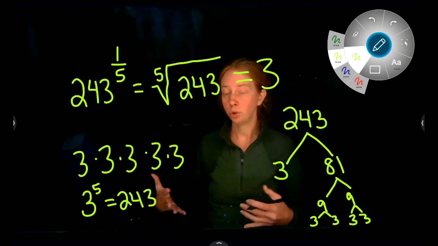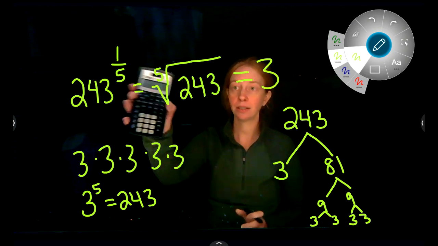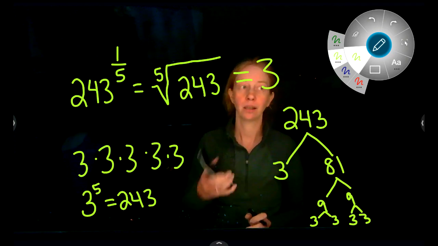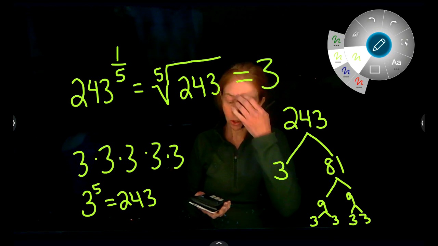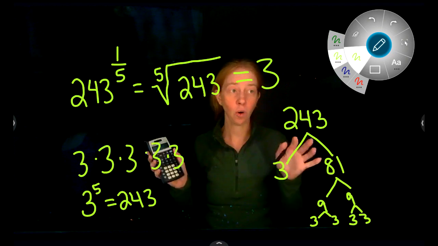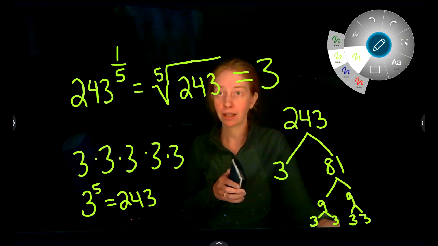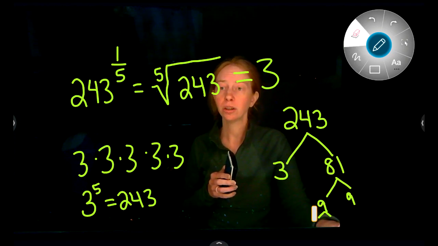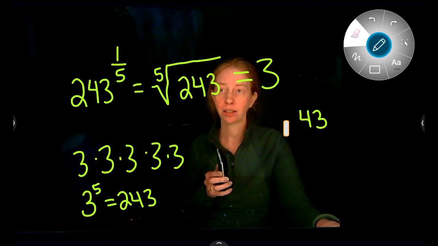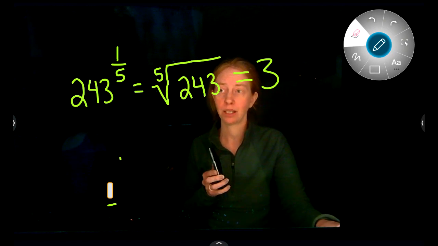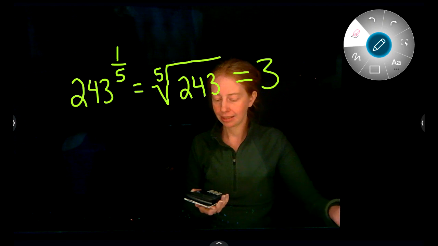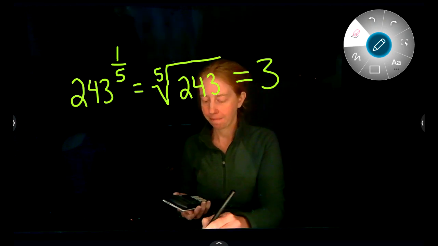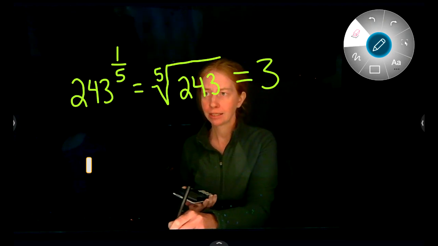Now, you do have a button on your calculator for this. When you look at your calculator, and I don't have every single calculator available, so what you're looking for on your calculator to figure out what this button is looking like is it says, mine says this.